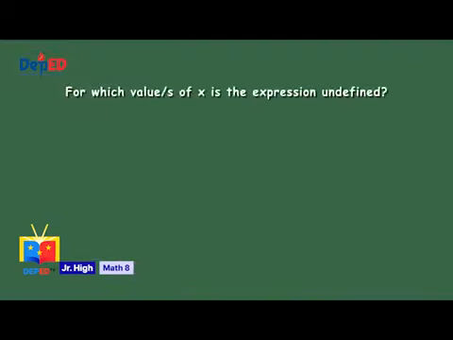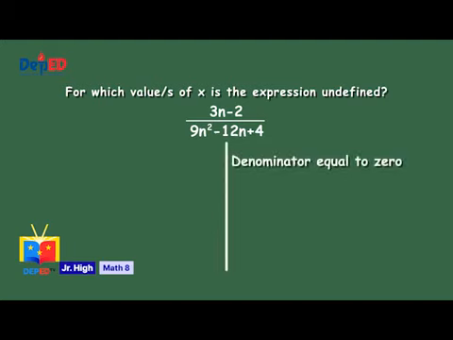Identify the value or values of n that will make 3n minus 2 all over 9n squared minus 12n plus 4 undefined. First step is to have the denominator equal to 0. 9n squared minus 12n plus 4 is equal to 0.